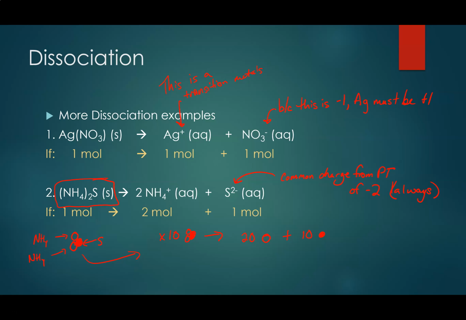The empty circle is the NH4. You'll get 20 of them because you started with 10. When we balance the equation, we use those coefficients to figure out how many we're going to end with. So 1 mole of this produces 2 moles and 1 mole. Again, think about what happens if we break a 3-piece puzzle into its 3 parts. One big structure becomes 3 different pieces.